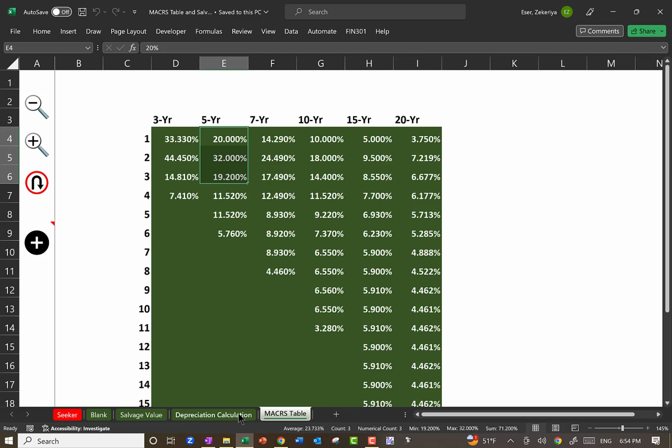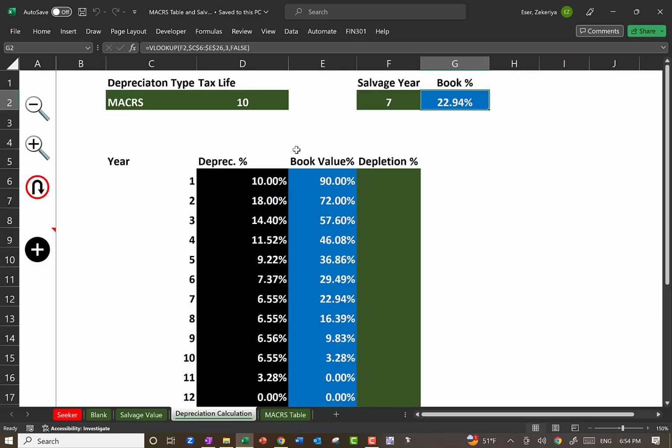I did a template here on depreciation calculations. You enter your depreciation type, your tax life, and in what year you're going to do the salvage. The salvage depends upon the so-called book value of the asset. And book value of an asset is original purchase value minus accumulated depreciation at that time.